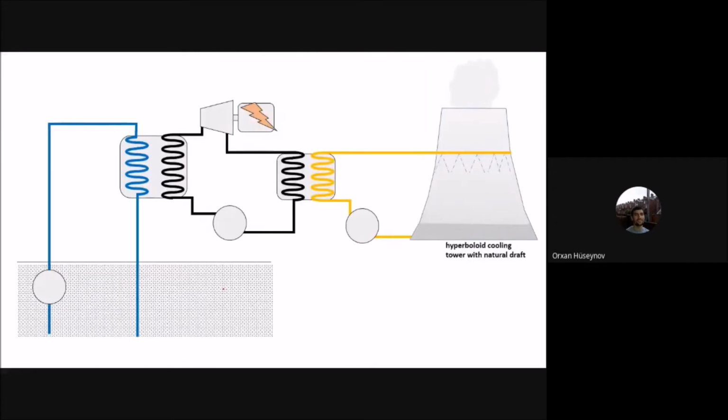Or it may be that we are using geothermal energy. Here you have the pump again, and under the earth, in some places you have hot water. So you can use that hot water to generate electricity.